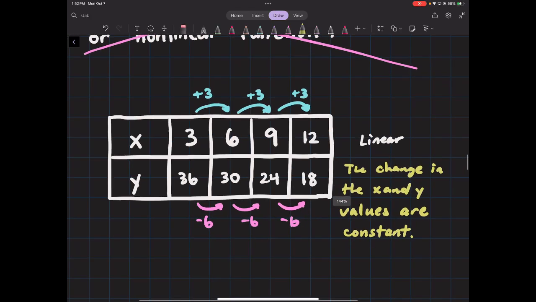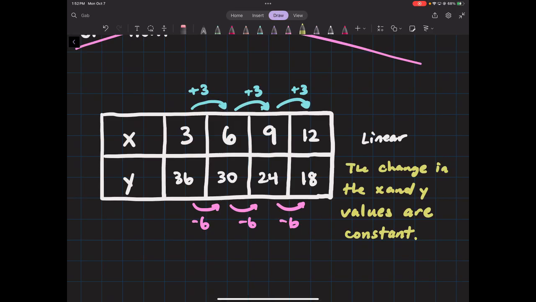I think it's good to hear that a previous teacher used the same language, because this is what it should be. The changes are constant, and it's only within the x and only within the y. As long as you have this, it will be linear.